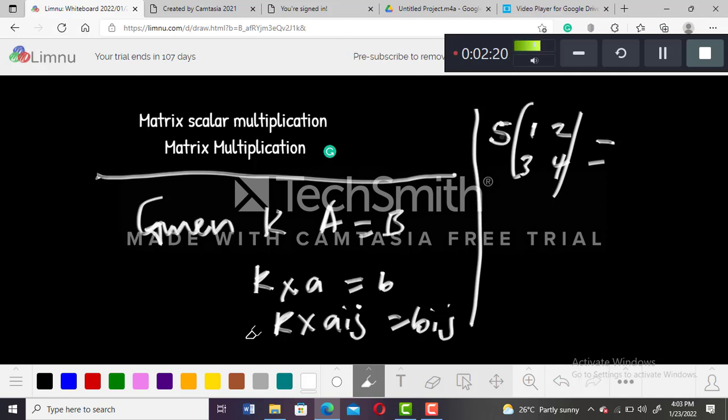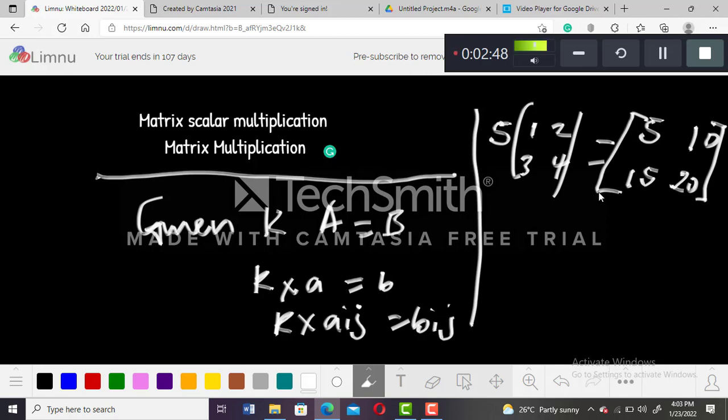So 5 multiplied by 1 gives 5, 5 multiplied by 2 gives 10, 5 multiplied by 3 gives 15, and 5 multiplied by 4 gives 20. And this will be the result of this scalar multiplication.